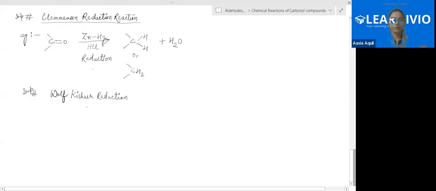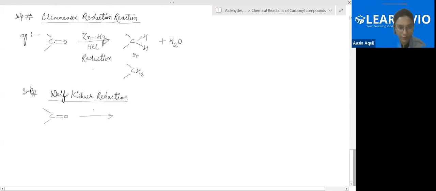It happens in the basic medium, just the opposite of what happens in Clemmensen reduction. So you will do this reaction in basic medium. Let's take a carbonyl compound.